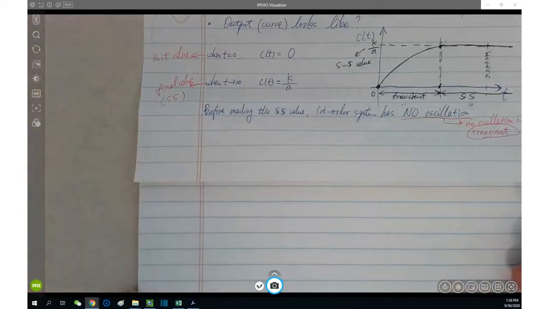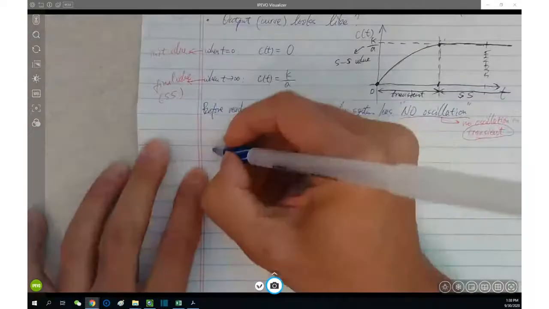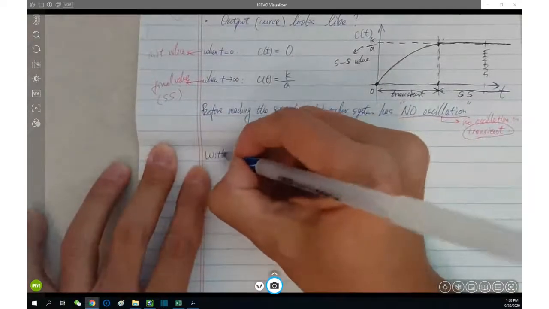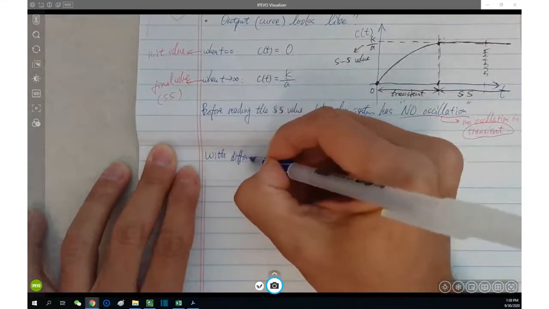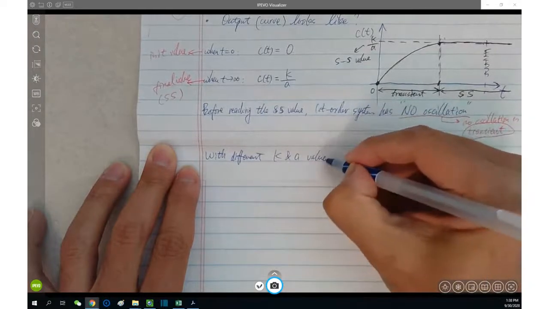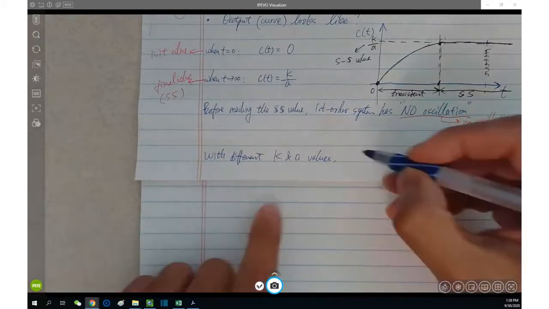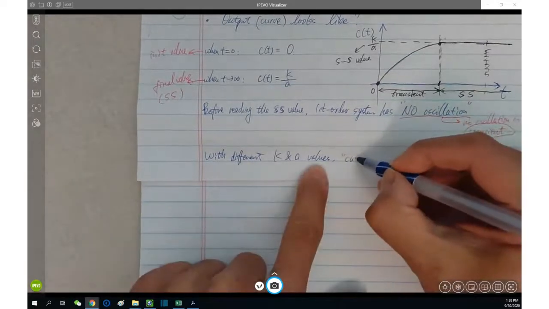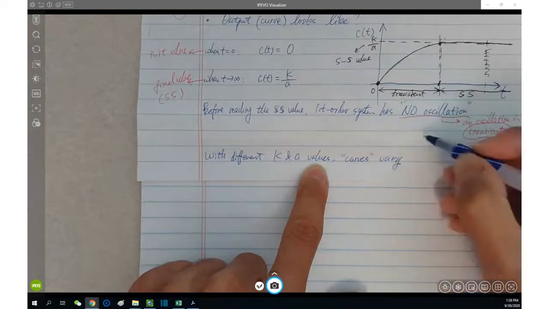Another thing that is very easy to tell is that with different, of course, K and A values, the curves vary accordingly.